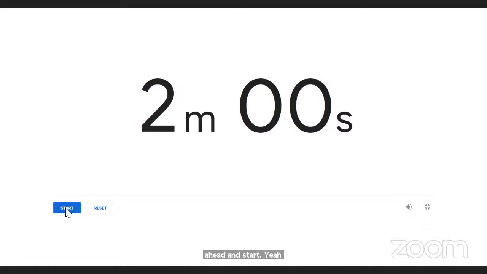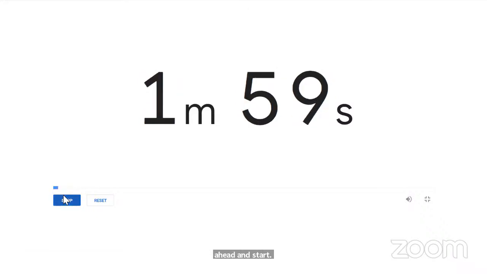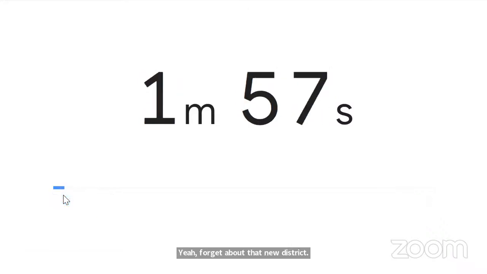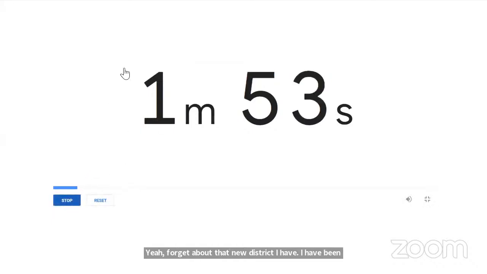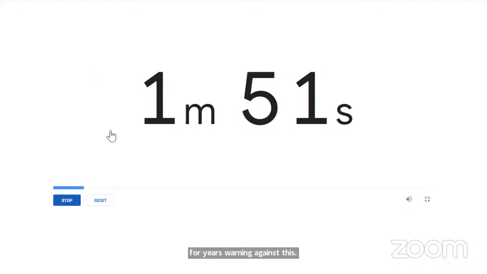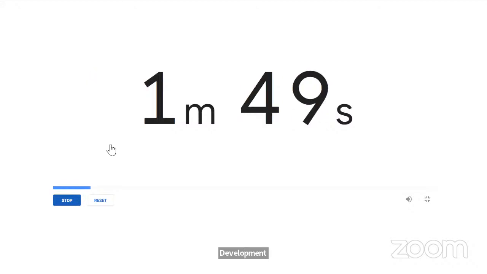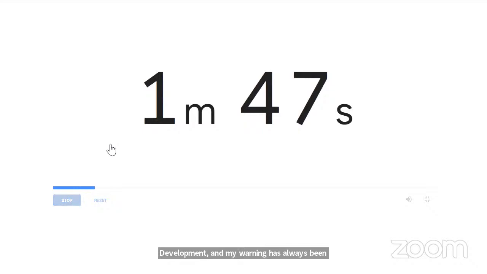Yeah, forget about that new district. I have been for years warning against this development. And my warning has always been, don't bankrupt the city of Richmond for some wild and crazy project.